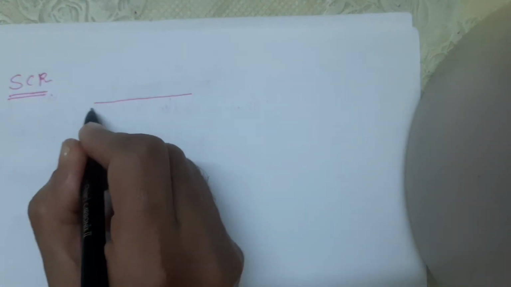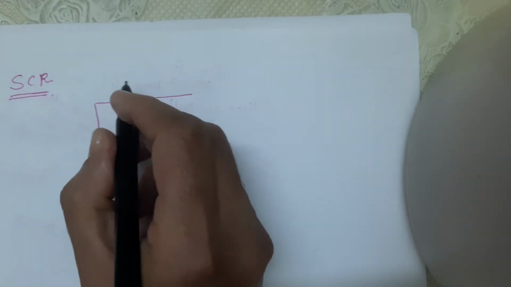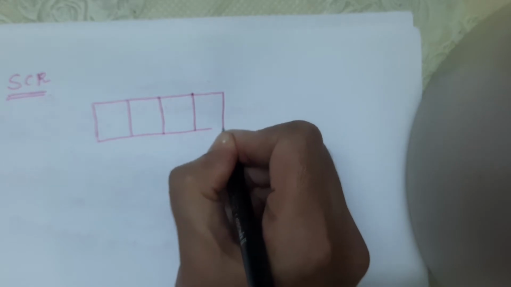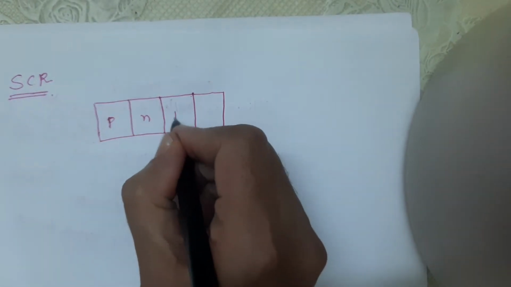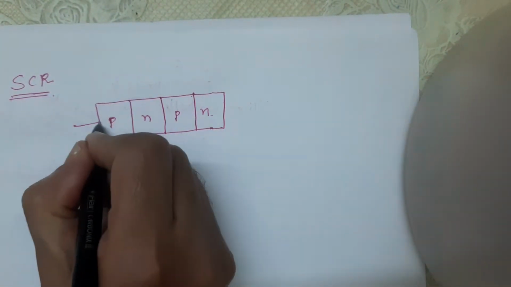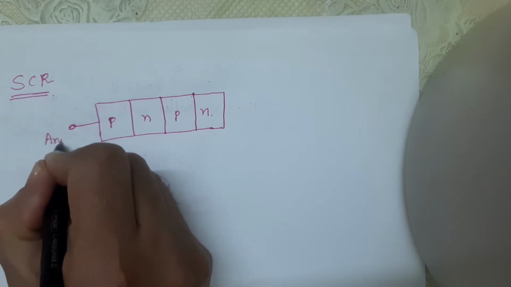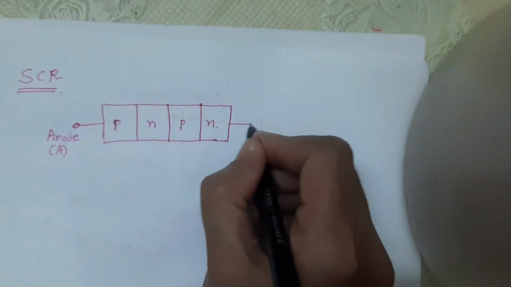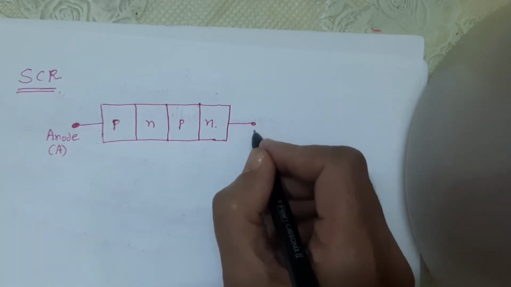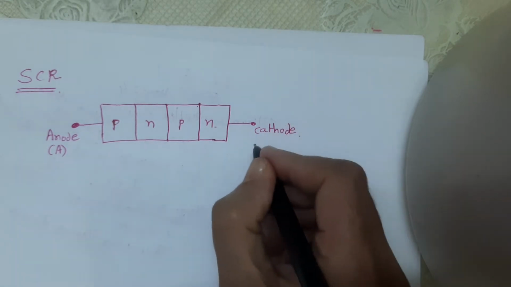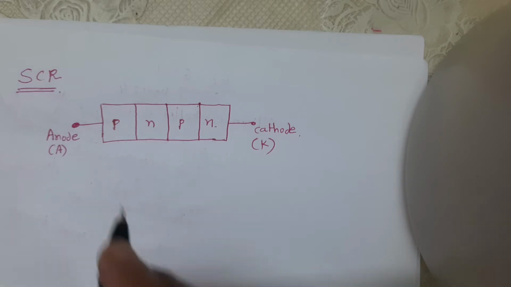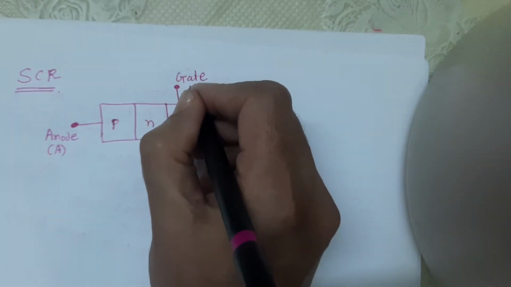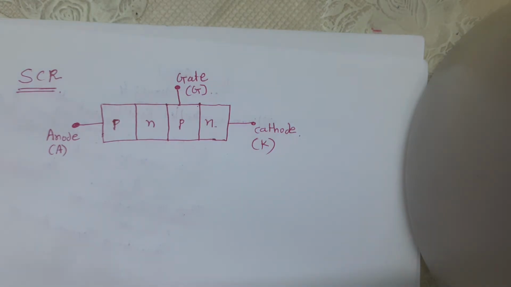The construction looks like this: P N P N. One terminal is known as the anode, denoted by A. The second terminal is known as the cathode, denoted by K. And the third one is the gate terminal, denoted by G. This is the internal structure.